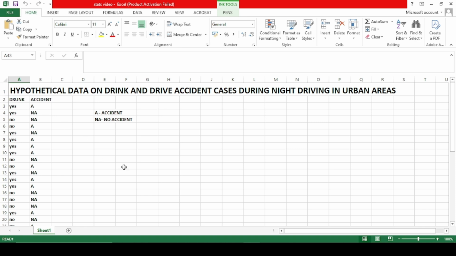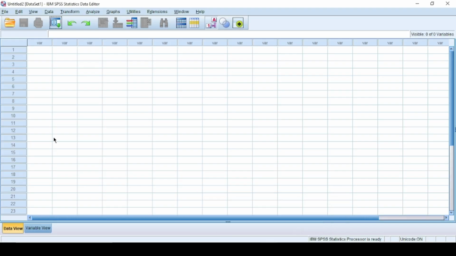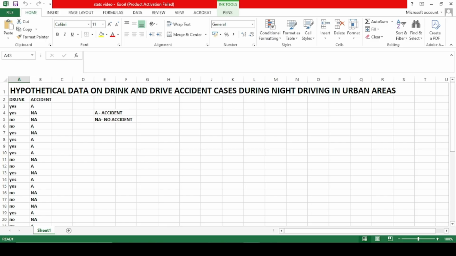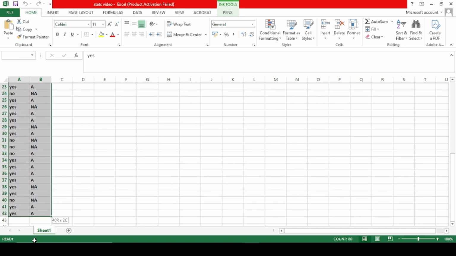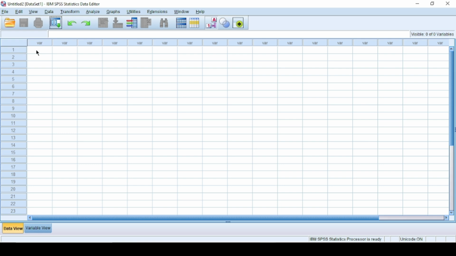The SPSS interface looks somewhat like this, and we have to define the variables first. Drinking and accident. We would be copying this whole data and pasting it into SPSS.